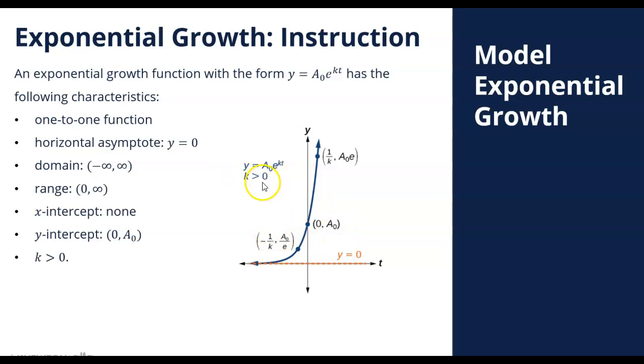And since k is greater than 0, this exponential growth function is an increasing exponential function. Also, this function is a one-to-one function, and it has a horizontal asymptote at the line y equals 0, or the x-axis. And the domain for this function is the set of all real numbers.